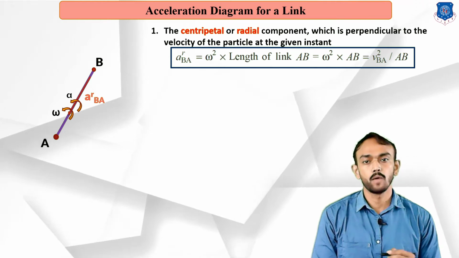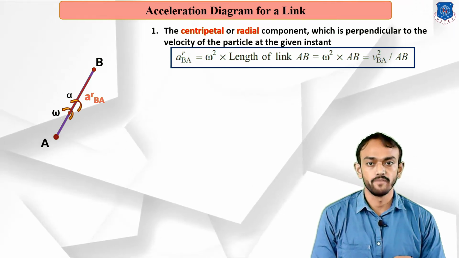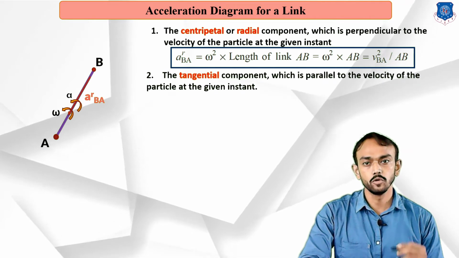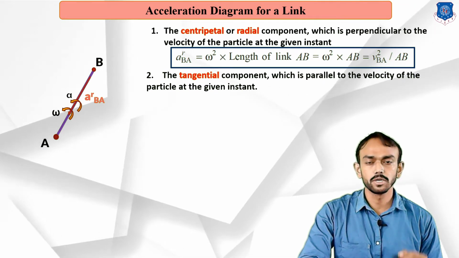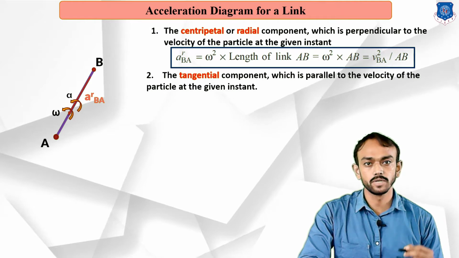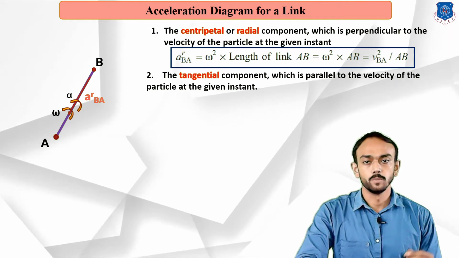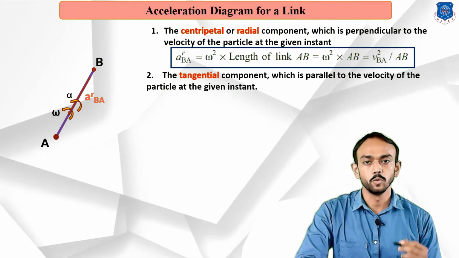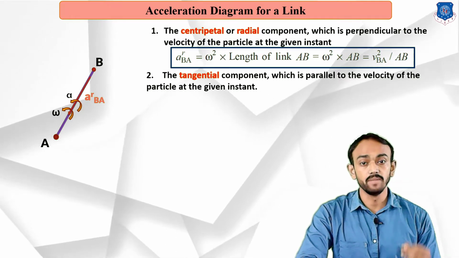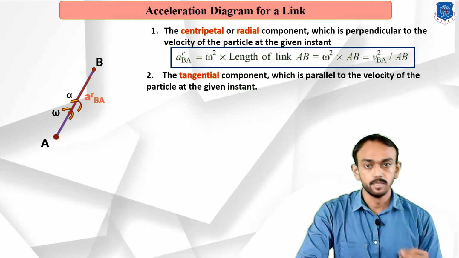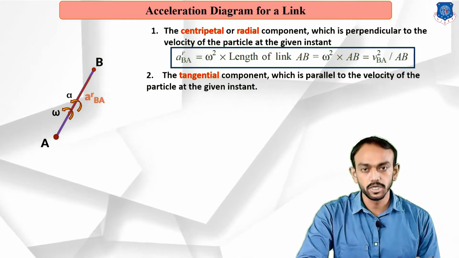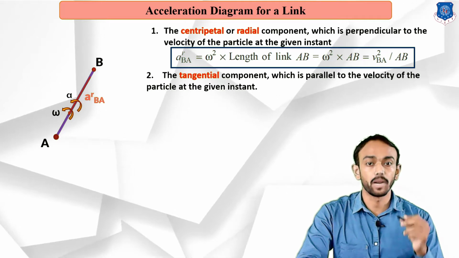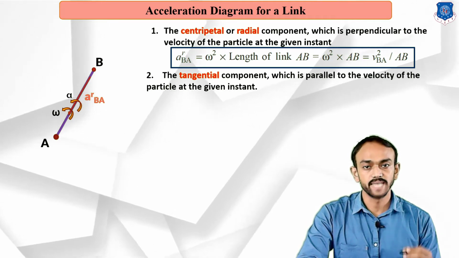Now take the second component, which is the tangential component. You can see the definition: the tangential component is parallel to the velocity of the particle. So it will be perpendicular to the link. Whenever we take the tangential component of any element, we have to take it perpendicular to the link, same as in velocity.